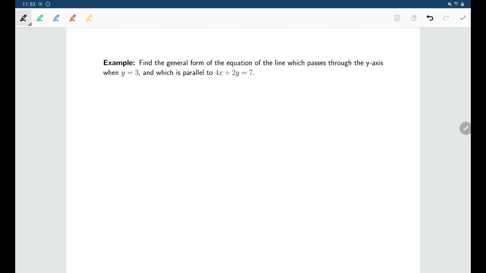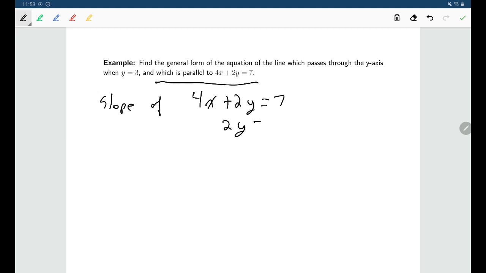Now here's the other fact, is that the line that we're looking for has to be parallel to this one. So what is the slope of that line? And we'll find it the same way that I did before, by rewriting it in slope-intercept form, bringing the x's and constants to one side. I'll divide everybody by 2.